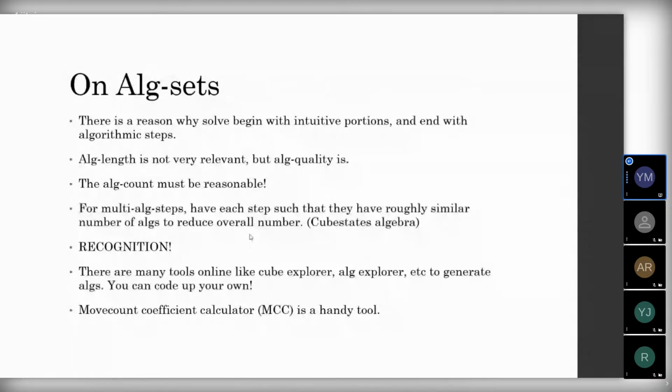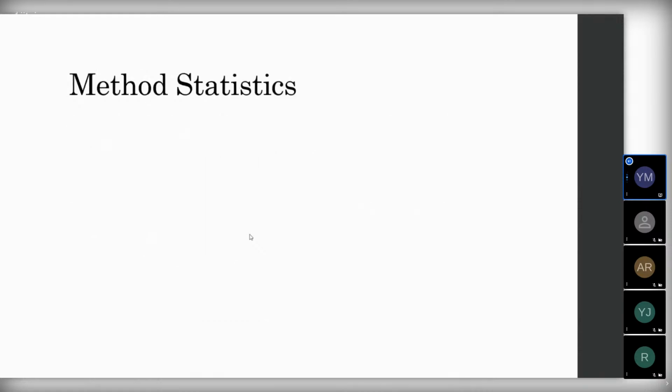So basically you plug in a couple of algorithms that you want to compare in this move count coefficient calculator, and it will rate each of the algorithms based on how our fingers move. Of course, this is not a perfect tool, but it helps you narrow down and select from a couple of best algorithms. So if you have 200 candidate algorithms for the same case, you can greatly reduce this number using the MCC.